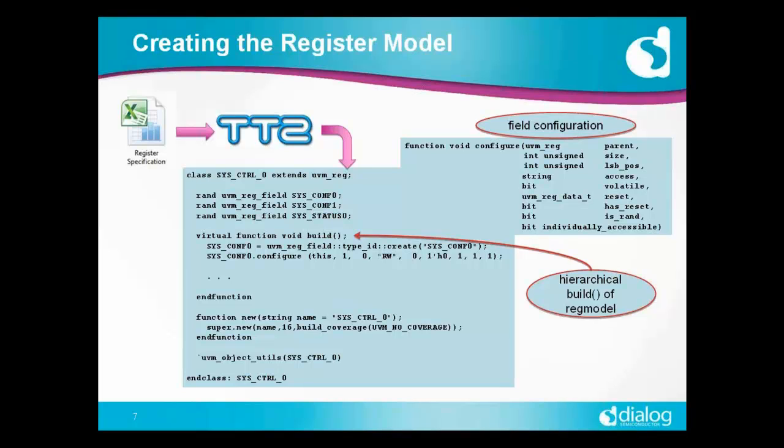A register is a collection of fields, and then what's not shown here is another thing that we had to do: UVM Reg doesn't give you any coverage implementation at all, so you have to create your own coverage model inside the register classes that you're generating. What it does give you is a coverage API, so you can basically switch coverage on or off.